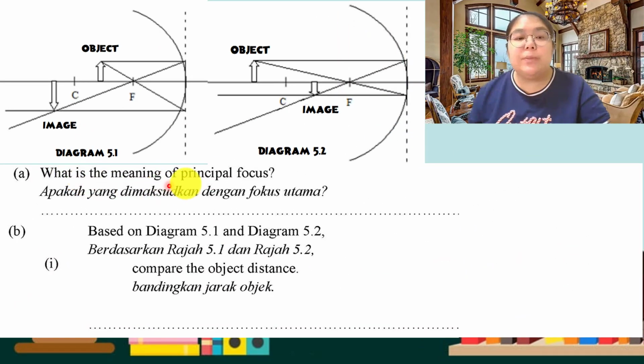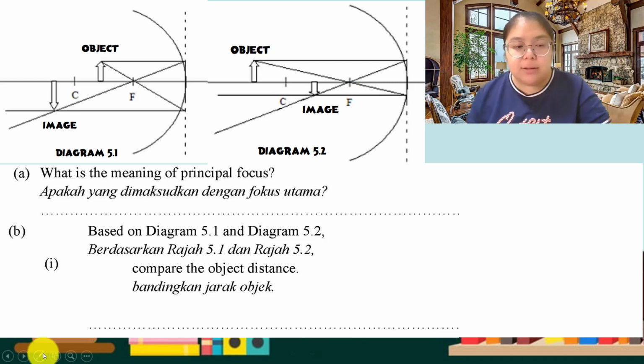First one, what is the meaning of principal focus? They ask about the F. The meaning is that when parallel light rays travel, they will be refracted to the F, or you can say they will appear to diverge from the F. That one we call principal focus.